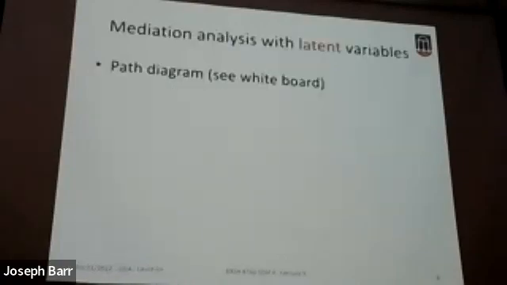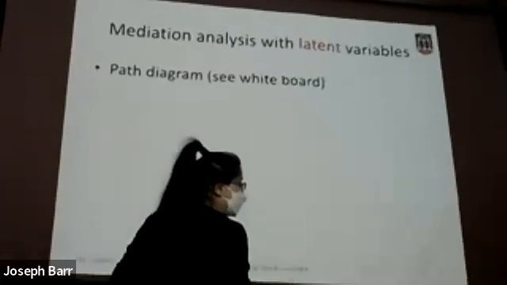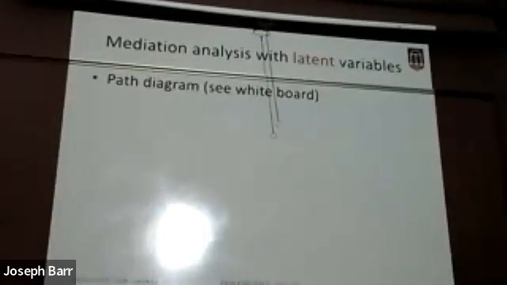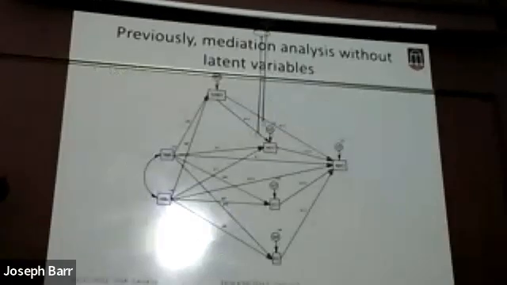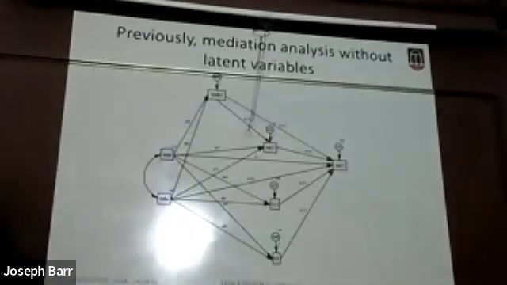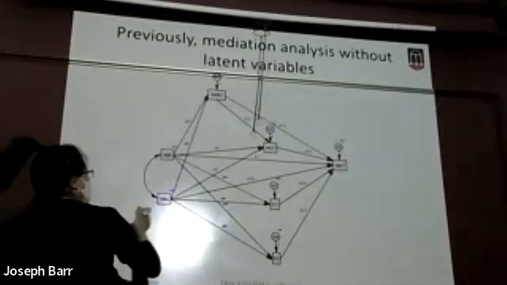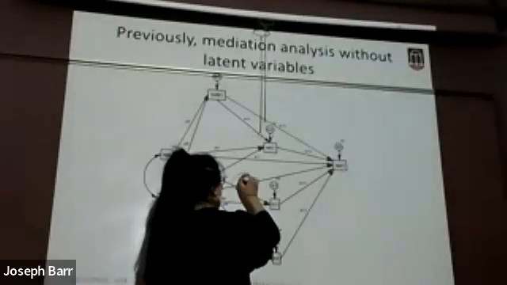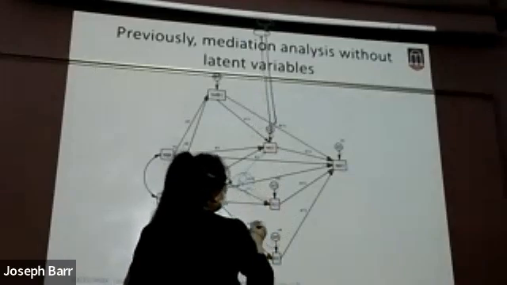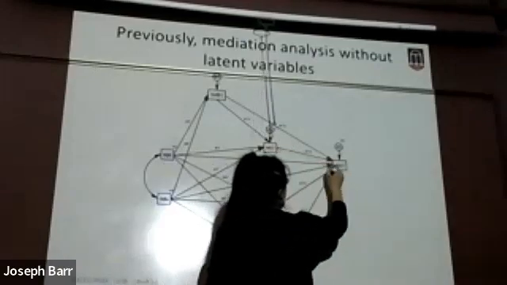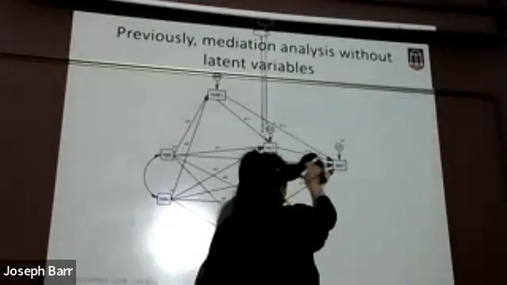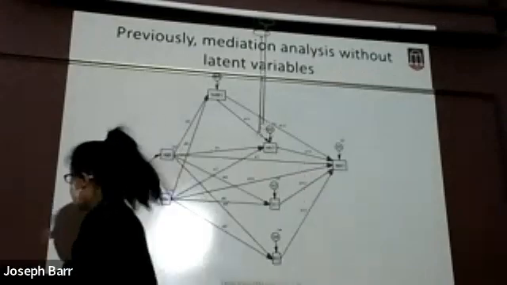The path diagram I created last class, let's do it again. We only need to add reasoning ability here, and we have three indicators. Let me draw a new one.